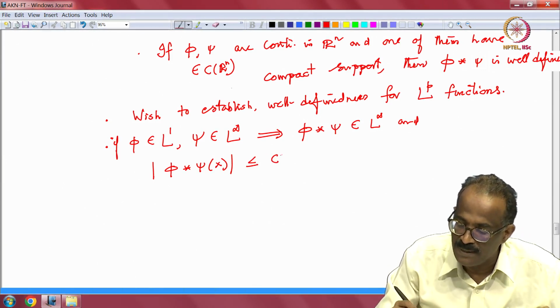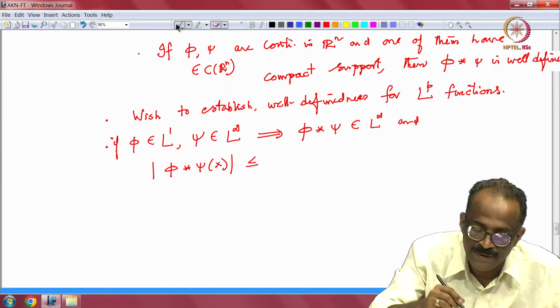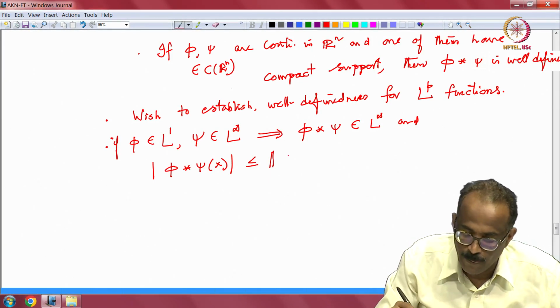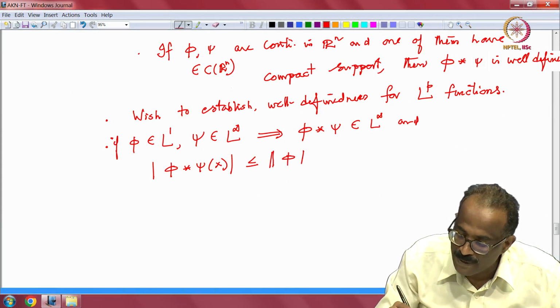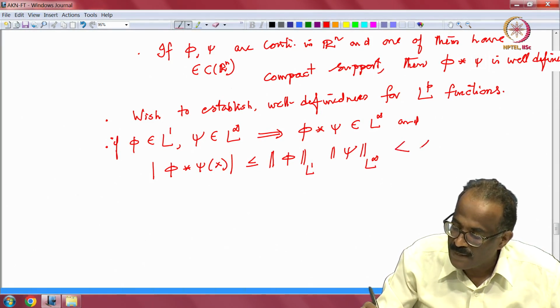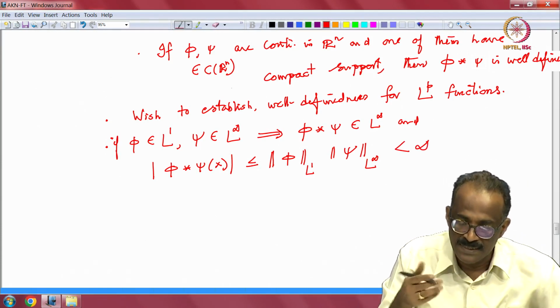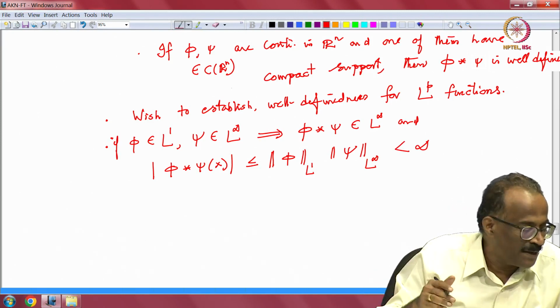What is that constant? Norm of phi in L1 times norm of psi in L infinity. You see, the other way also, if psi is in L1 and phi is in L infinity, you get the reverse thing.